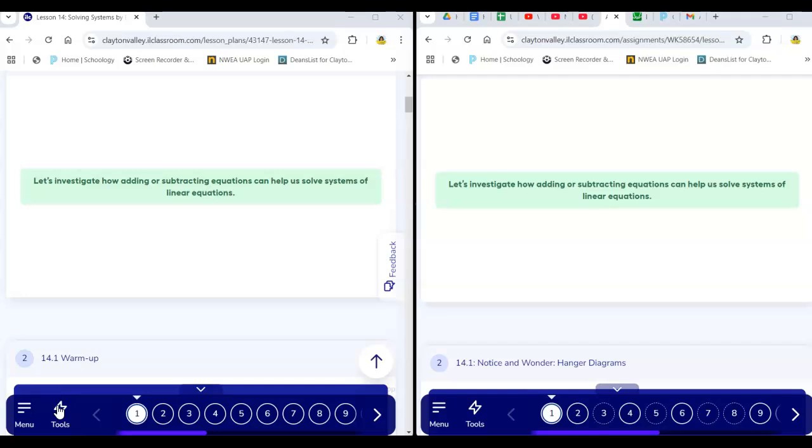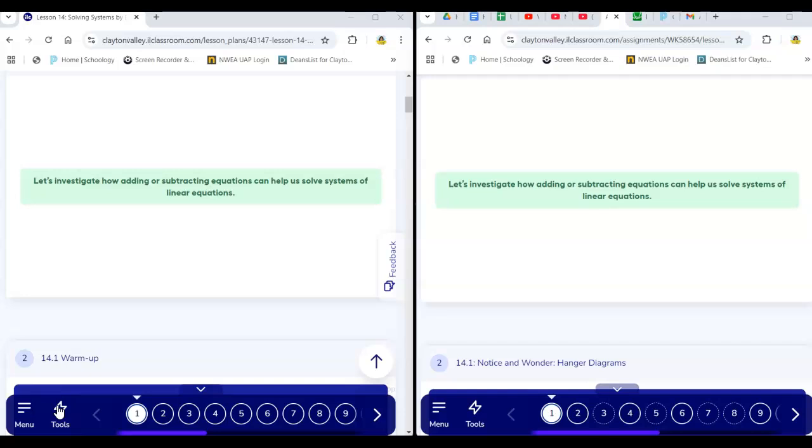Now, the purpose of this, young people, is that we're not going to graph now. Okay, when you graph, you just graph the two equations and then you look and see if they cross, and that point where they cross is the solution. But we can't always graph. All right? Sometimes we have to use algebra.